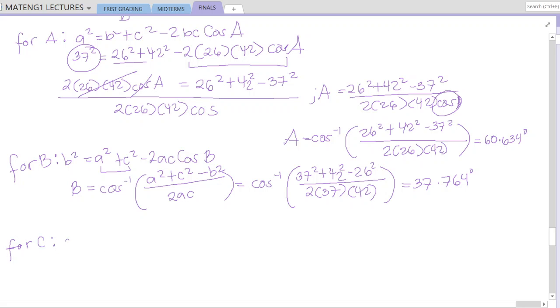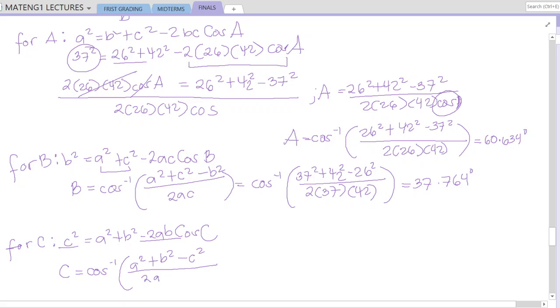Same with getting the value of the angle C. We use c squared is equal to the other sides, which is a squared plus b squared minus 2ab cosine of C. The same process, we get the value of C, which is equal to arc cosine, or inverse cosine, of a squared plus b squared minus c squared, divided by the coefficient, which is 2ab.